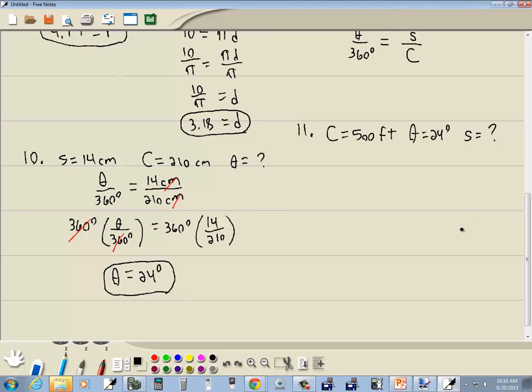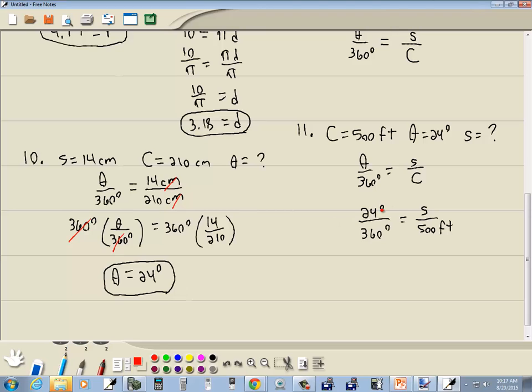And then we want to know what S is. Again, we're going back to our formula. So we got theta over 360 degrees is equal to S over C. Theta is 24 degrees. S we don't know. And C is equal to 500 feet.